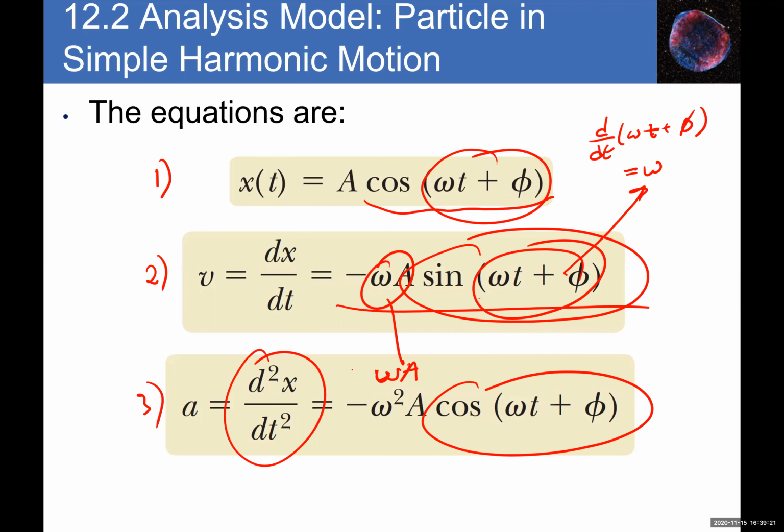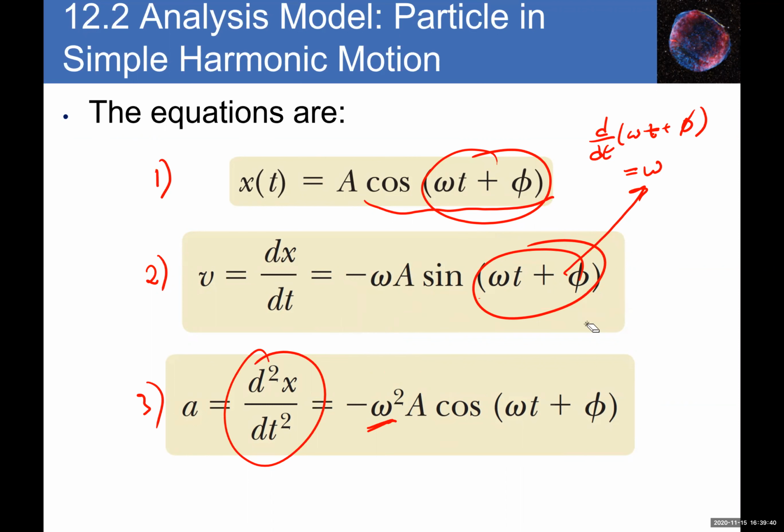That means now you multiply another omega, so it becomes omega squared times a. And the negative sign stays because the derivative of sine of t is cosine of t, there is no negative. But when you go from cosine of t, the derivative becomes negative sine of t. So that's why both v and a have negative, but not the position.